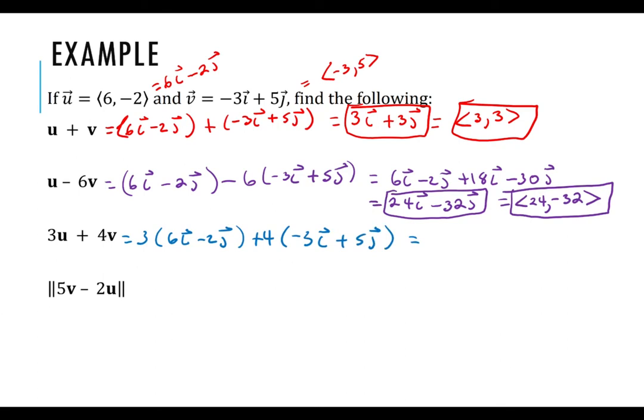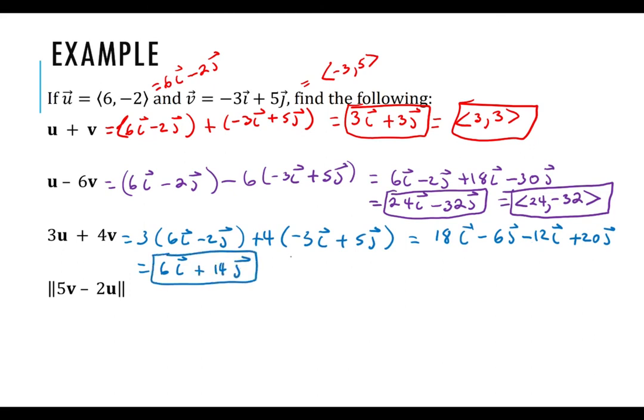Distribute our scalars. 3 times 6 is 18i minus 6j minus 12i plus 20j. Then 18i minus 12i is 6i, and negative 6j plus 20j is 14j. And so 6i plus 14j, or in component form, 6, 14.